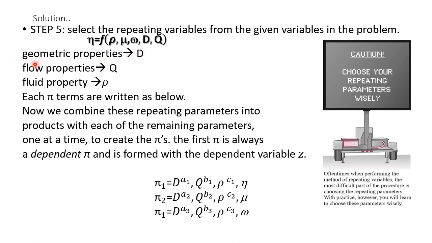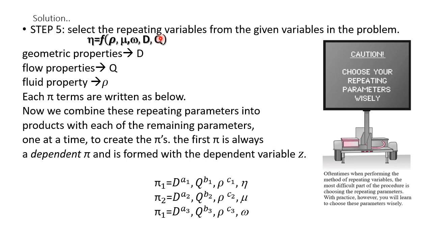Next, let's go to the flow properties. Velocity, acceleration, discharge, all of these come under flow properties, and even angular velocity comes. So here I have flow properties as angular velocity and discharge. You can choose either angular velocity omega or discharge; any one of these two.